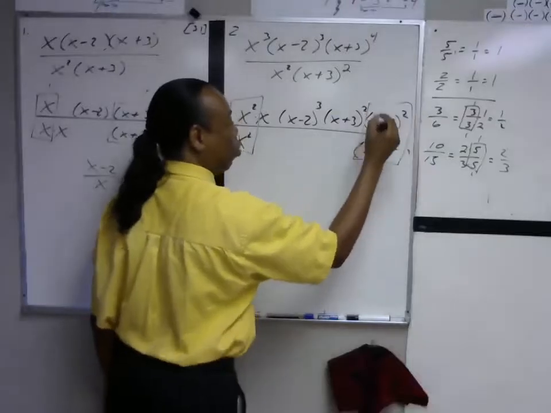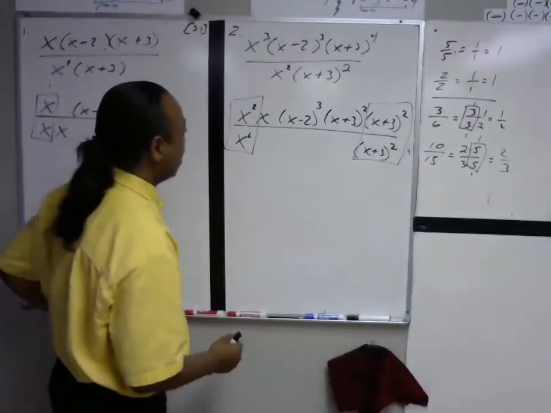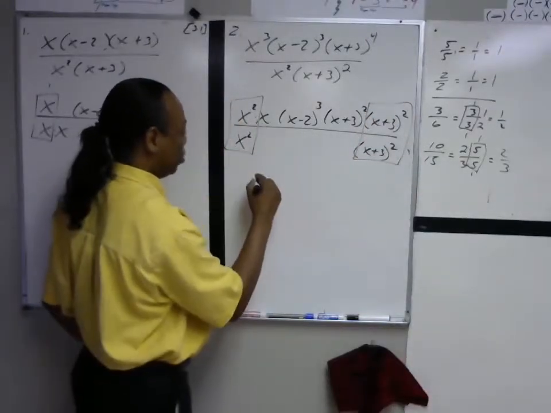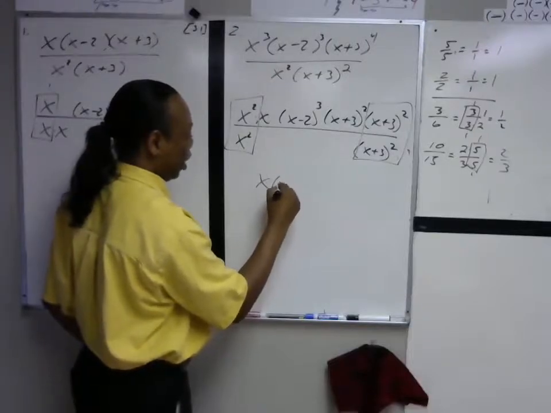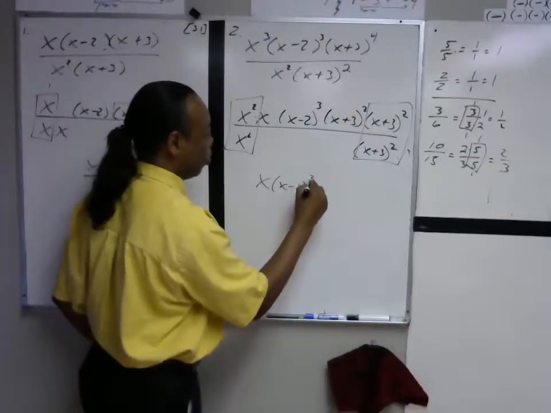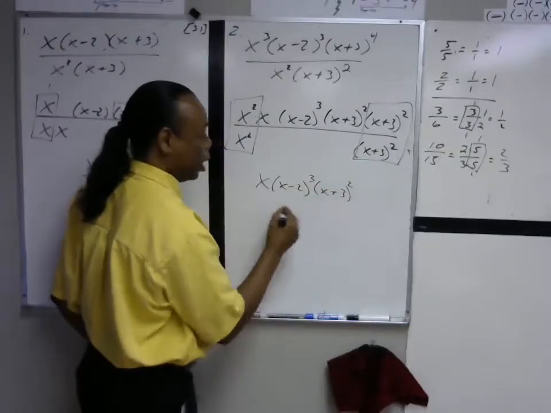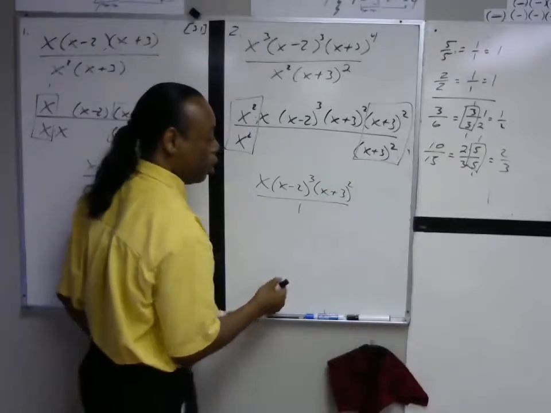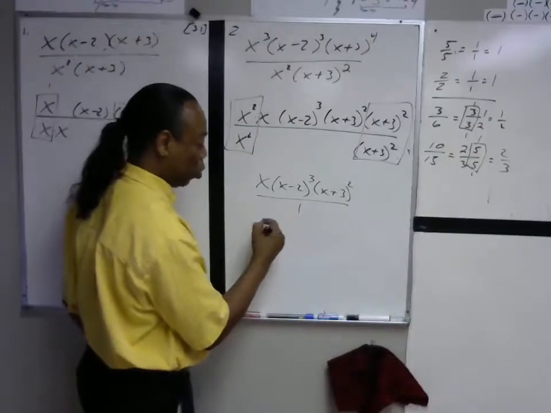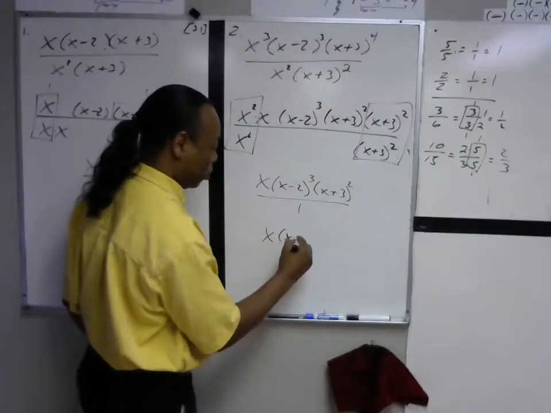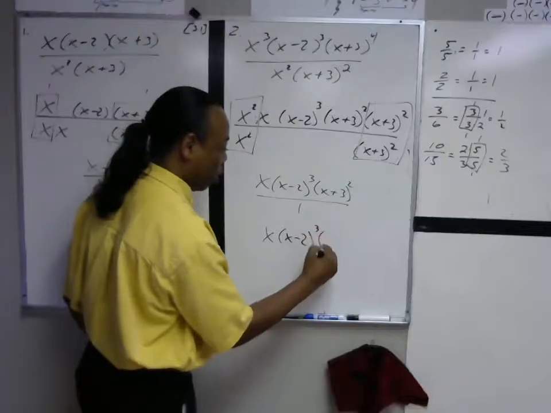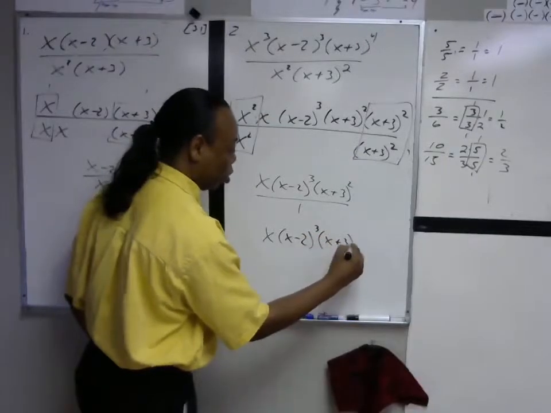This becomes a 1. And now what we have left is x, the x minus 2 to the third power, and the x plus 3 to the second power. Now this is all over 1, but 1 is understood, so this can be written as x minus 2 to the third power, x plus 3 to the second power.